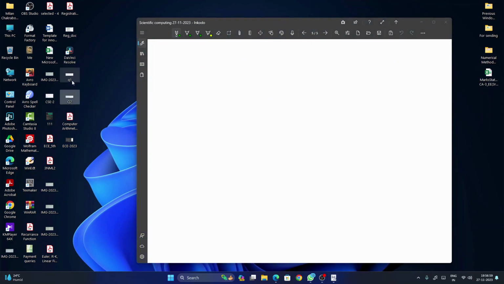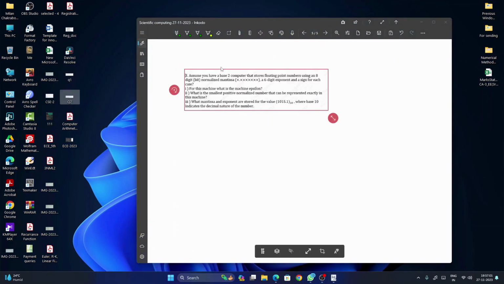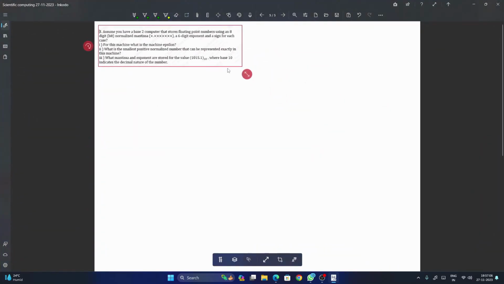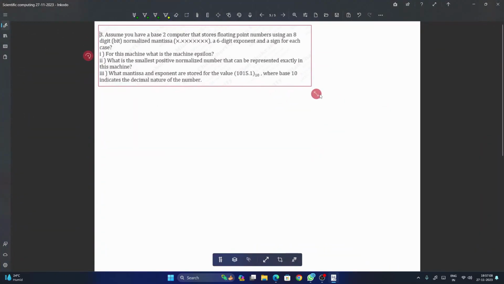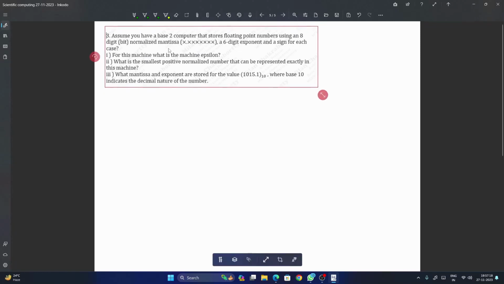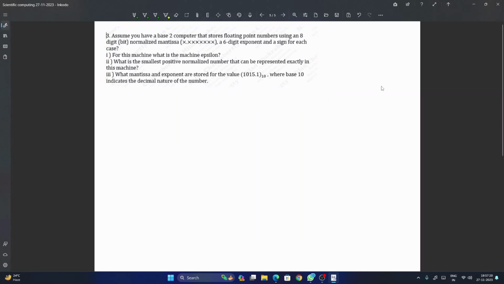I am just showing the picture here, because expressing numbers in a 32-bit or 64-bit system and then saving them is not very useful. It is a problem from your practice set, and here you can see the particular system with the normalized mantissa is already given. Just read out the problem first.